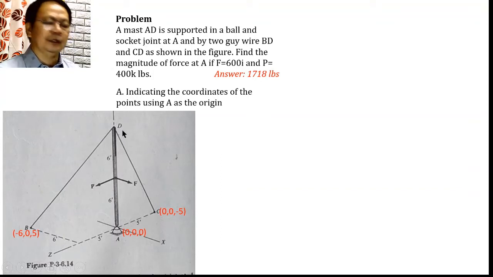While this point D will have a coordinate of 0, 12, and 0. And this point where P and F are applied, tawagin natin siyang point E, at meron siyang coordinate na 0, 6, and 0.